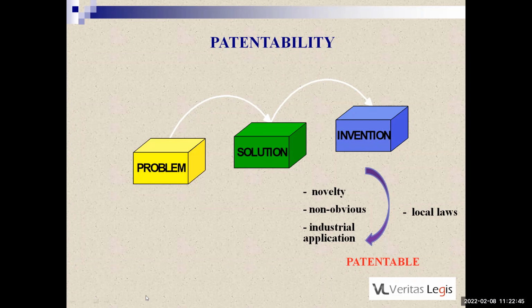So for patenting, the invention should fulfill the following criteria. It should be novel, that is novelty should be there. It should be non-obvious, and industrial application should be there. And it should be patentable in the territory in which you are living.